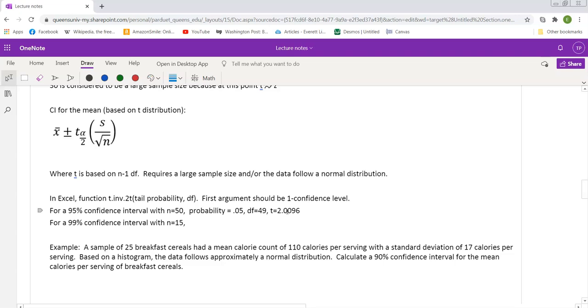Now for a 99% confidence interval with n equals 15, our probability is going to be 0.01. This is 1 minus the 0.99. Our degrees of freedom are going to be 14.